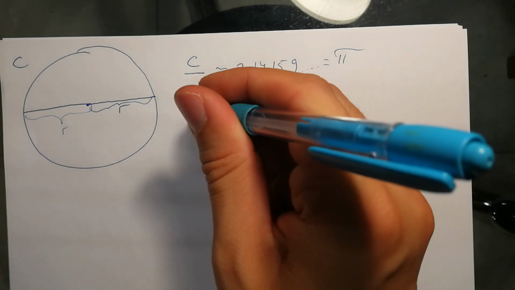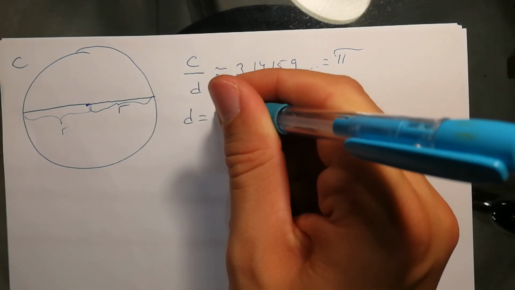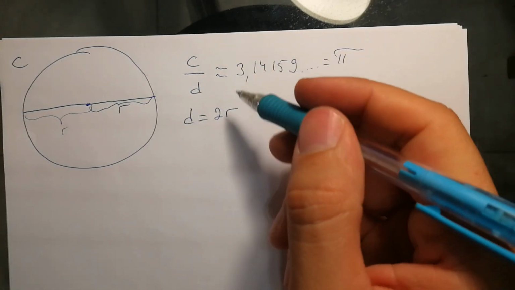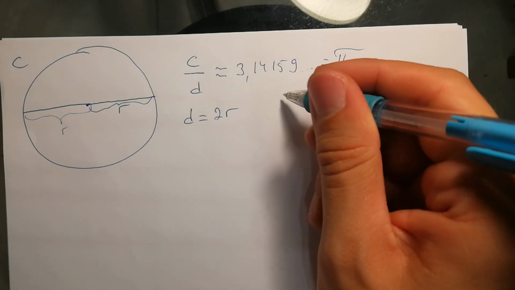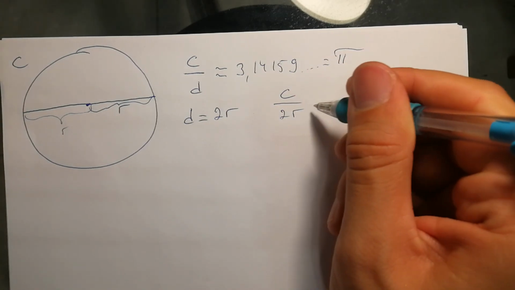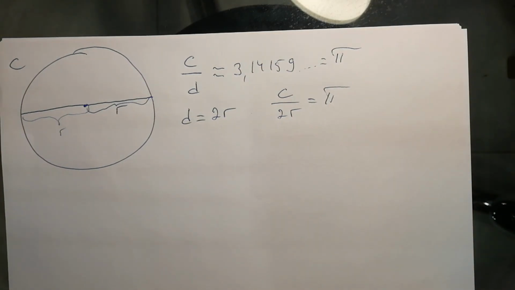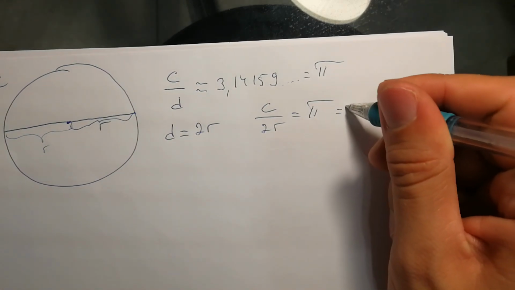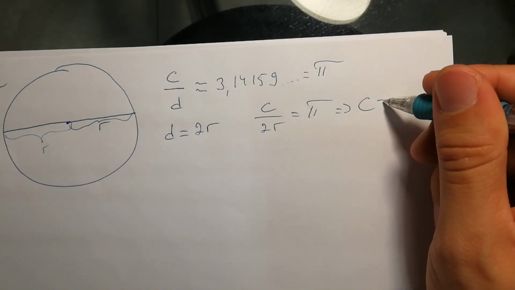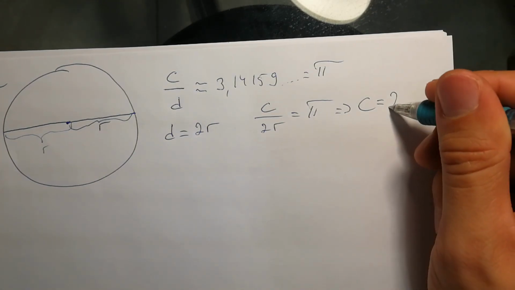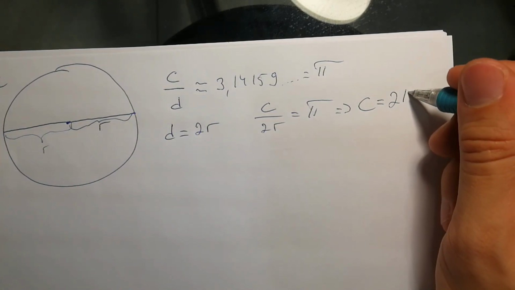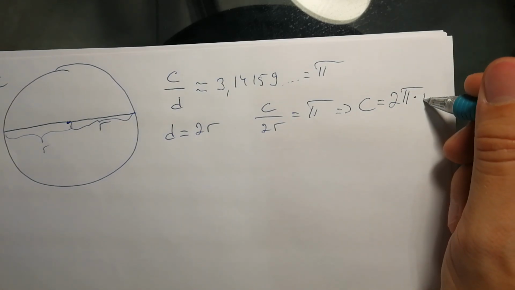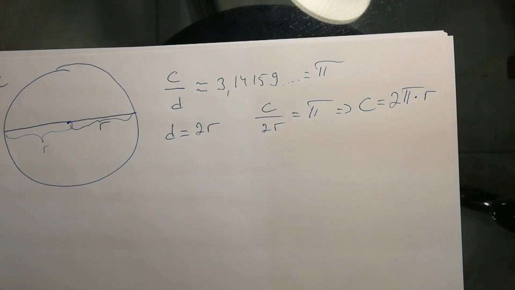Since the diameter of the circle is equal to 2 radii, we can transform this formula and rewrite it, and moreover we can write that the circumference of the circle equals 2 pi multiplied by the radius.